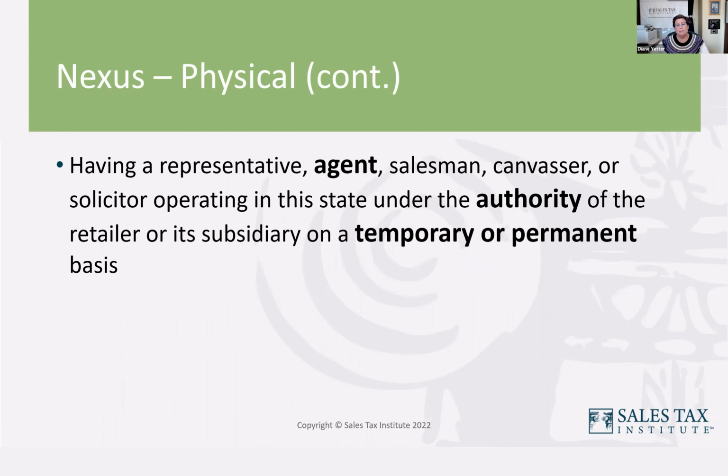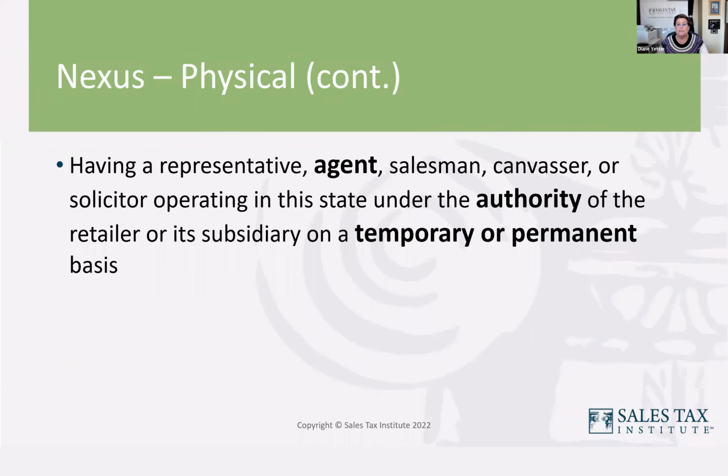The second type of thing that can create nexus is the activity of people. And so here we see having a representative, agent, salesman, canvasser, or solicitor operating in this state under the authority of the retailer or its subsidiary on a temporary or permanent basis. So what this tells us is it doesn't have to be my own employee. It can be an independent rep.